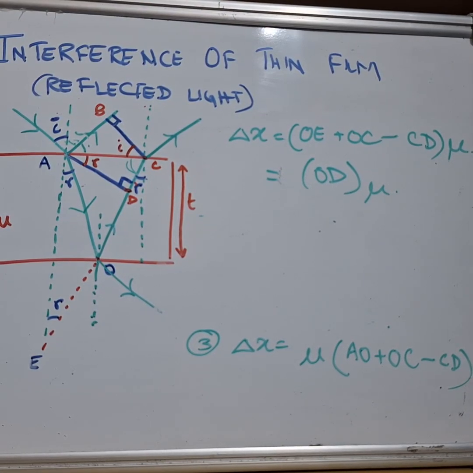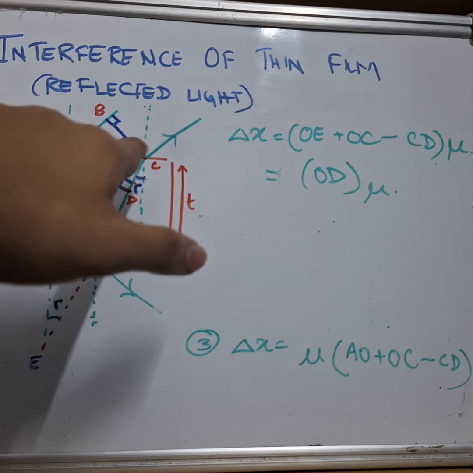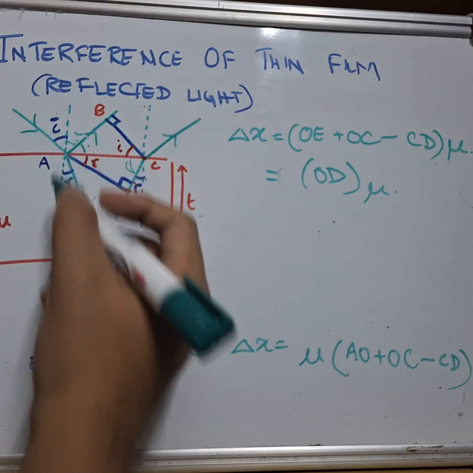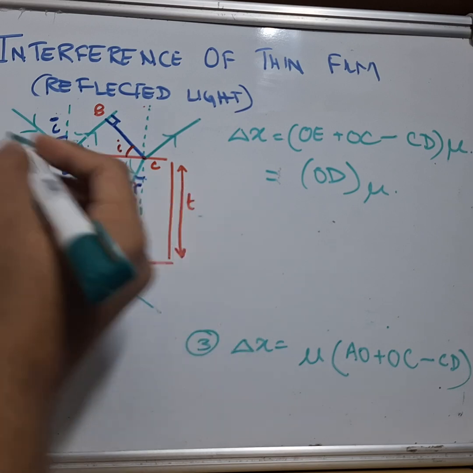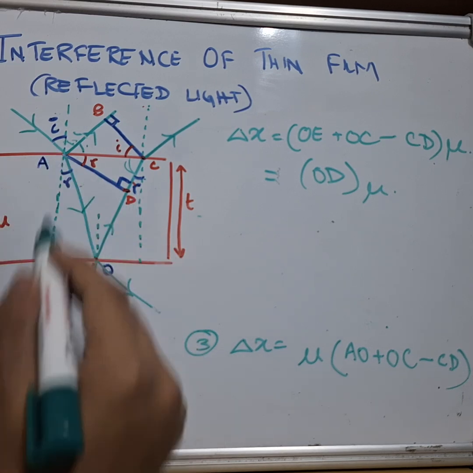Now we see in this triangle AED that cos of this angle, cos of r, this is perpendicular out here, right? At point D it is perpendicular in this triangle.